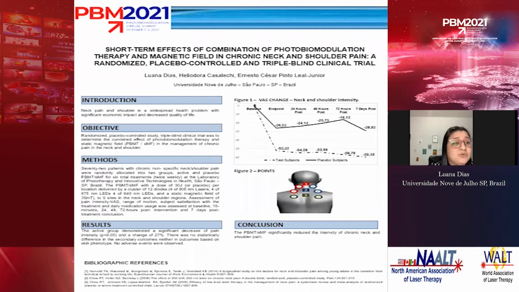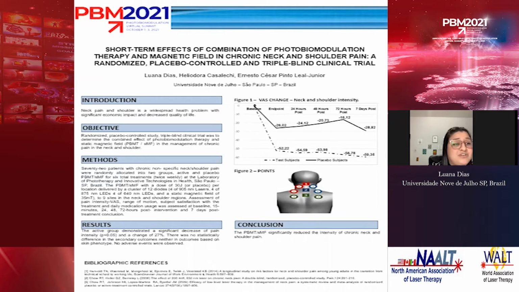The aim of this randomized placebo-controlled, triple-blind clinical trial was to determine the combined effect of photobiomodulation therapy and static magnetic field, PBMT-SMF, in the management of chronic neck and shoulder pain. 72 patients with chronic nonspecific neck and shoulder pain were randomly allocated into two groups, active and placebo.